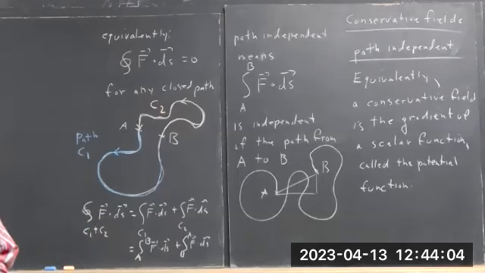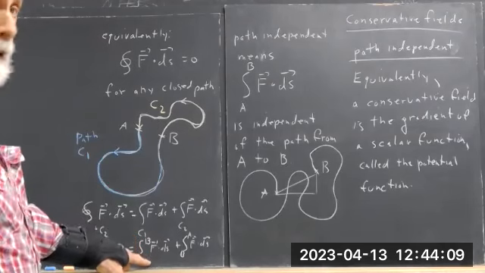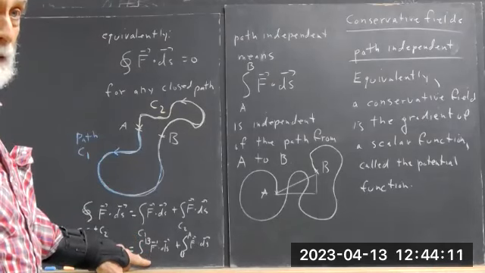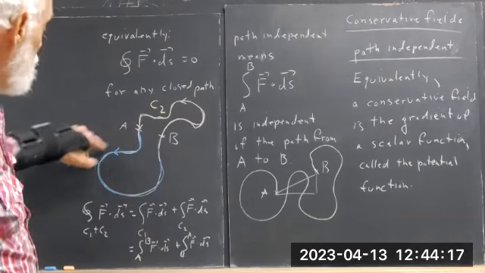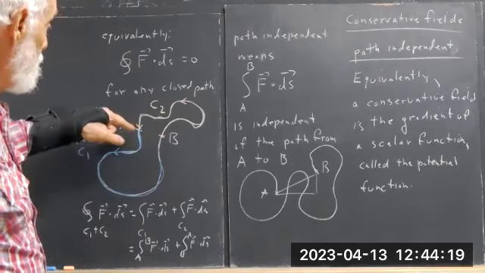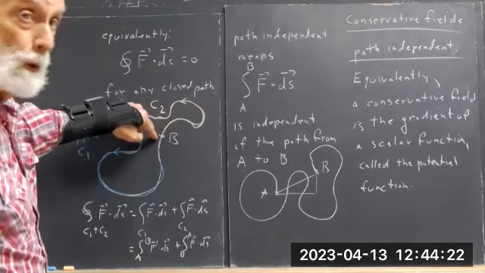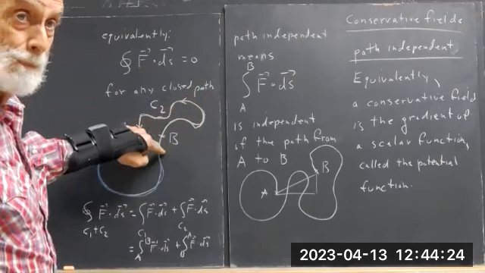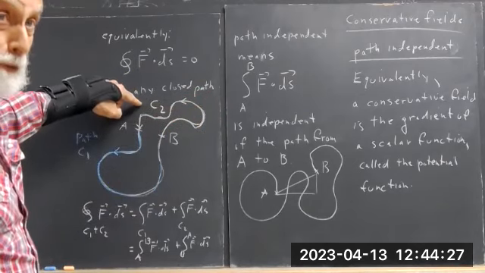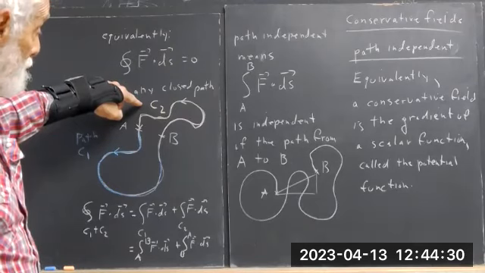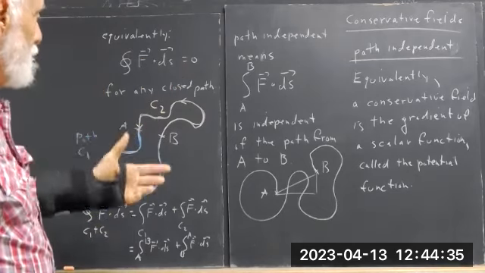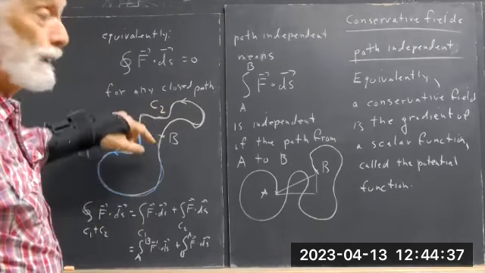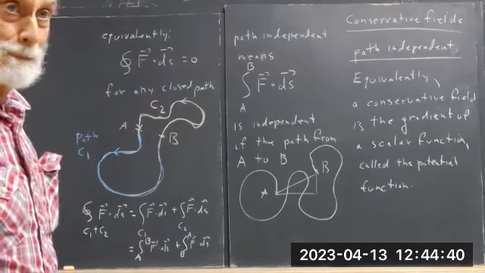Now, if the integral is path independent, the integral from A to B of F dot ds is the same for any path. Meaning the integral along this path has to be equal to the integral along this path, because both paths go from A to B. But this is the backwards path along C2, so when I increment F dot ds going in this direction, it's the negative of whatever it is going in this direction.